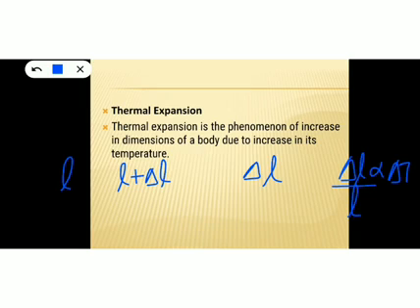Whenever the temperature of an object increases, its dimensions, it may be length, area or volume, may increase. This phenomenon is known as thermal expansion. And there are three different types of thermal expansion, so let's discuss them.